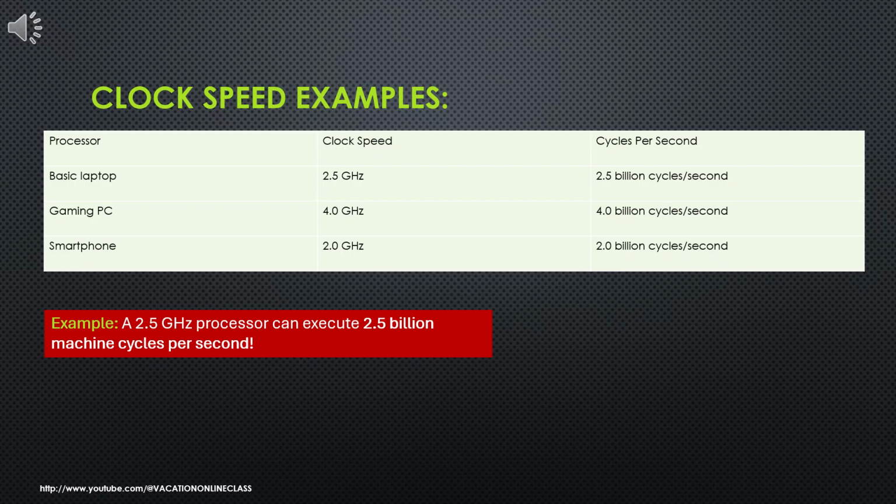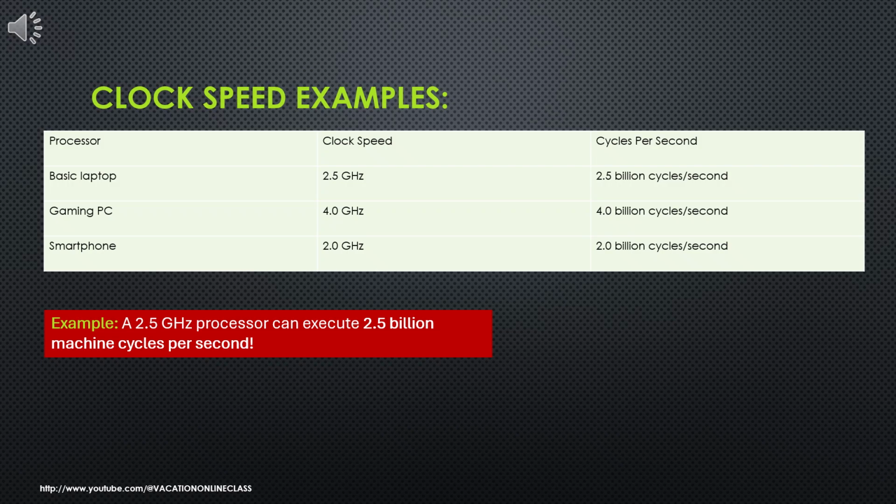The gaming PC really shows the difference. Its 4.0 gigahertz clock speed allows for a massive 4.0 billion cycles every single second, enabling much more complex and faster operations necessary for high performance gaming. Each of these cycles represents one full fetch, decode, execute, store sequence.